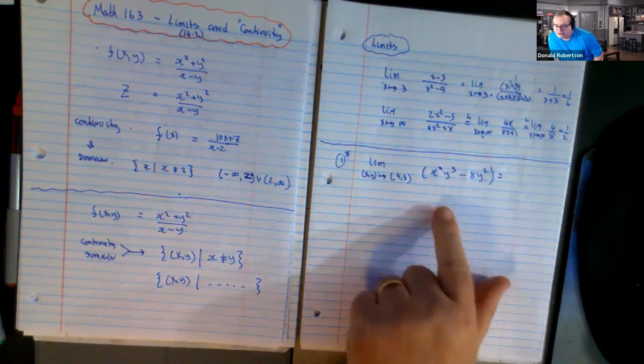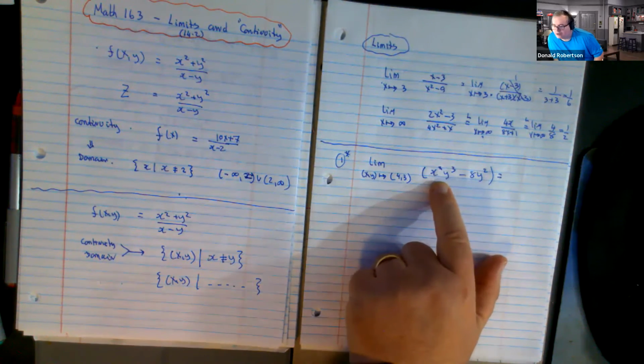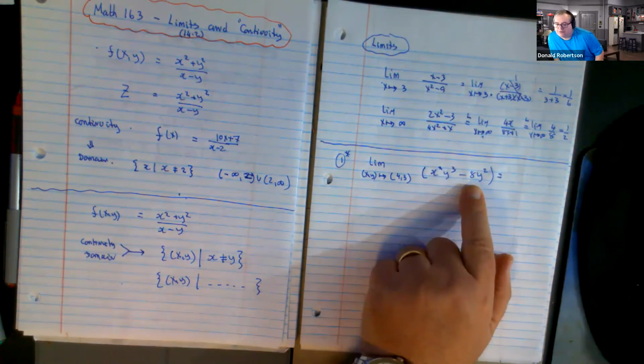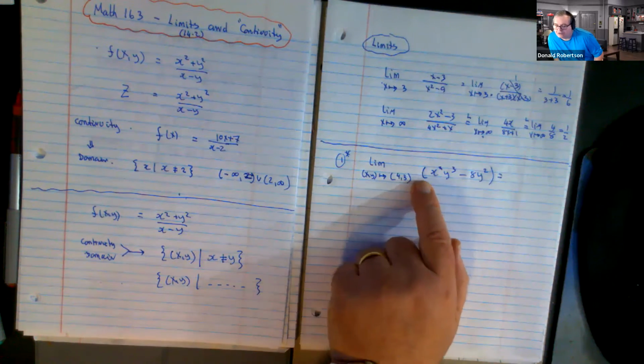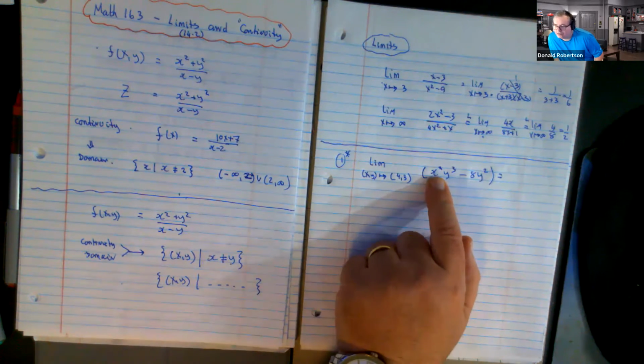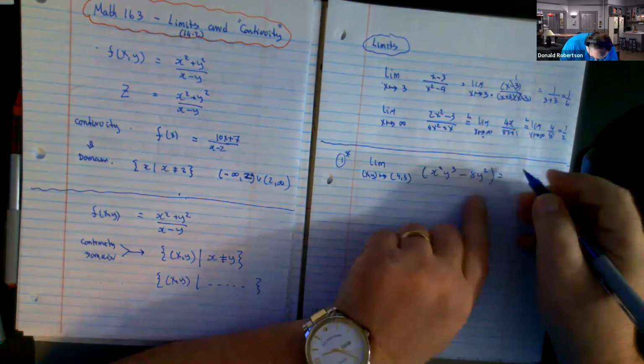Would you agree that this expression doesn't have anything particularly weird going on? And if you want to know the limit as (x,y) becomes (4,3), would it seem reasonable you could just plug and chug? In other words, you can plug x as 4 and y as 3. So play the obvious game first.